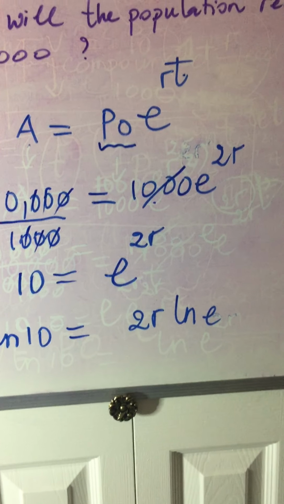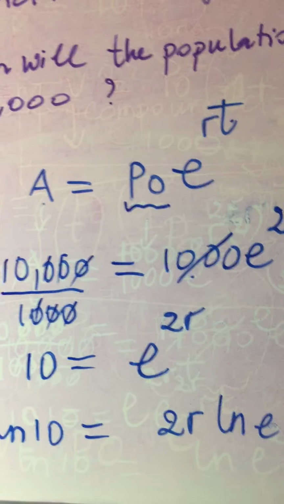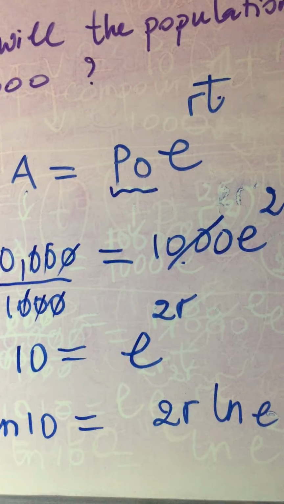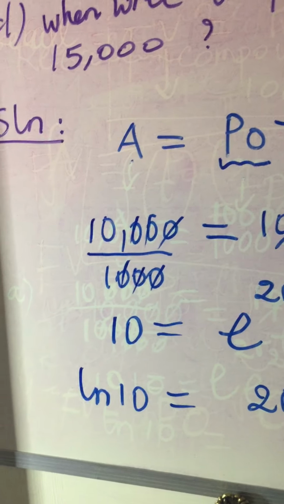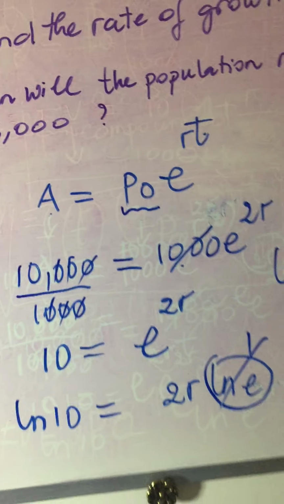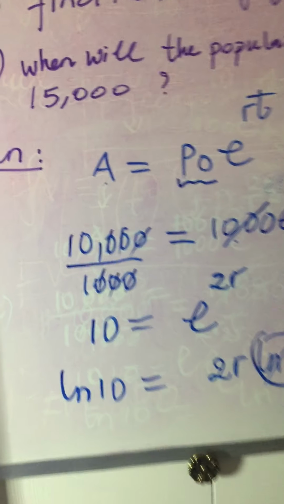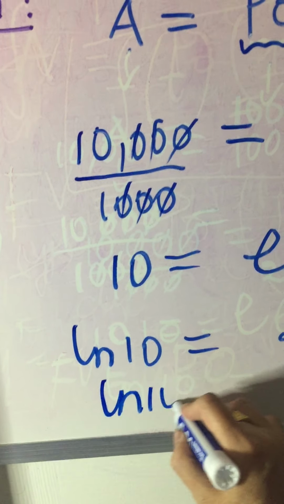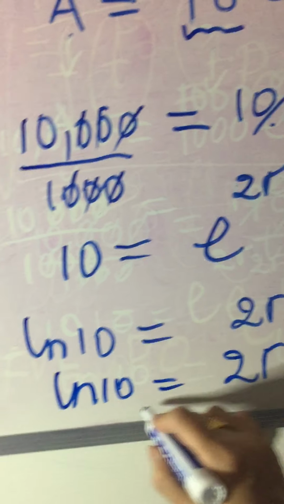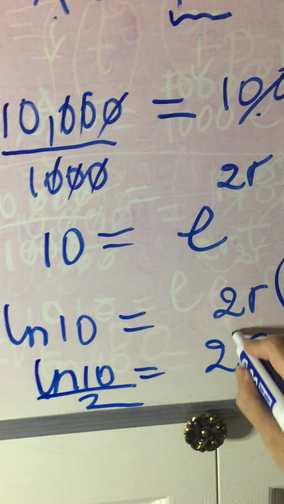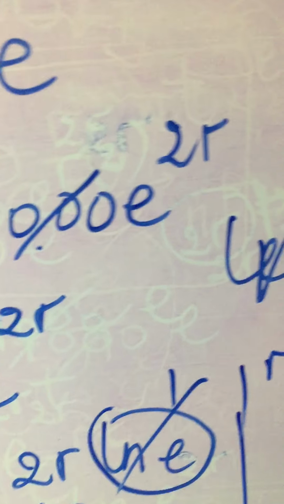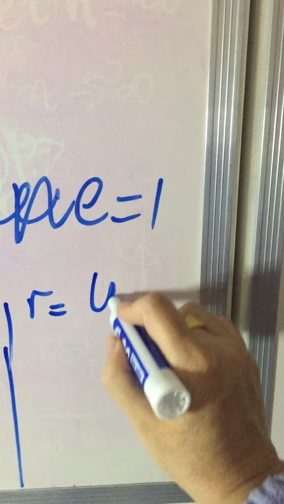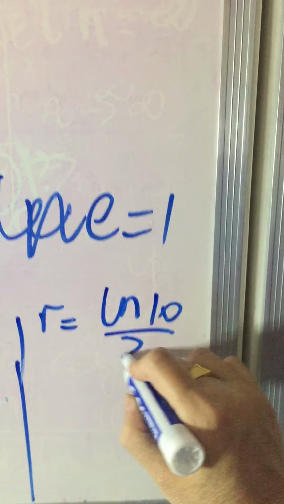But what is ln e? ln e equals 1. So it doesn't matter, it's gone. It's 1 times 2r, just 2r. So now we have ln 10 equals 2r. Divide both sides by 2. We get r equals ln 10 over 2.